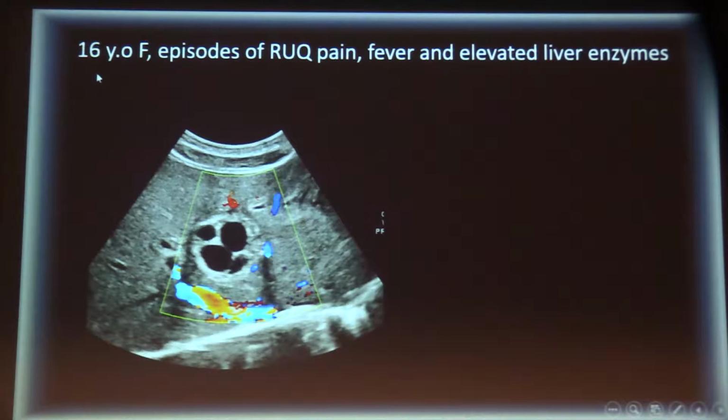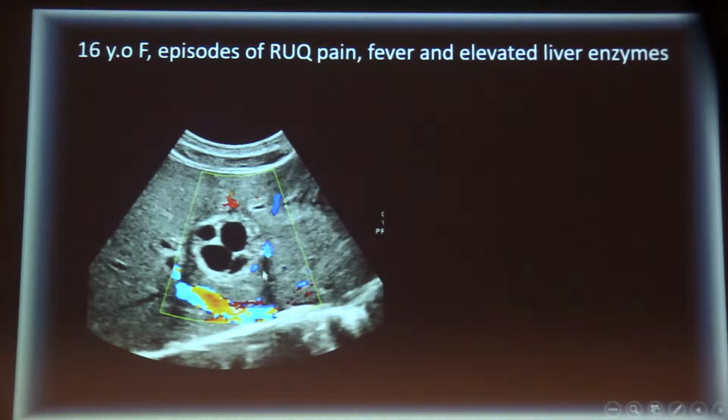This is a case of a 16-year-old female who has episodes of right upper quadrant pain, and she presents with fever and elevated liver enzymes. On ultrasound, there is a very well circumscribed lesion located in what seems to be segment 8 of the liver.